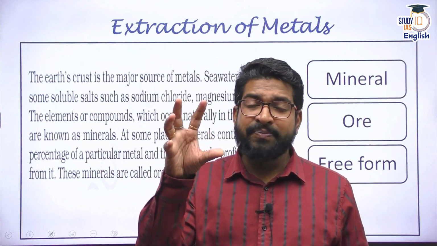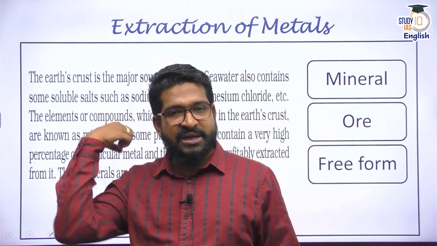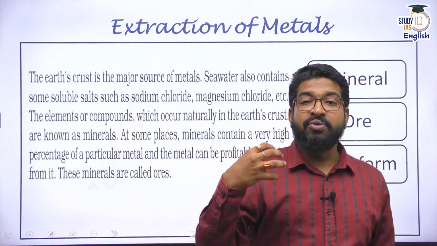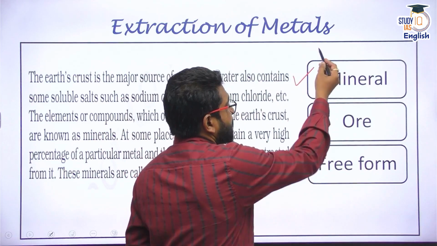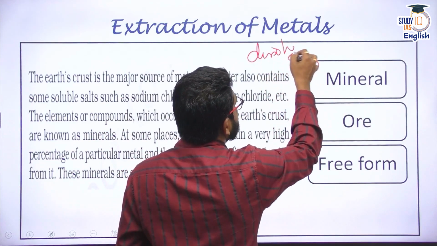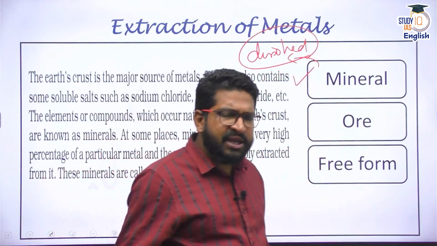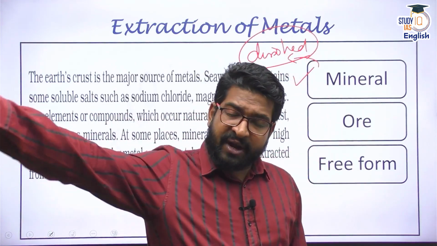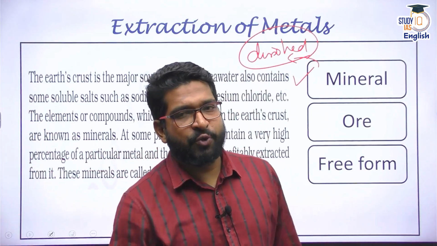Ocean water is a source of many of these salts, and from the salts we can get these metals. So what do we find? We find metals in the form of minerals which are dissolved. Examples being sodium chloride, calcium chloride, magnesium chloride. They dissolve in water. We find many such things in our ocean water.